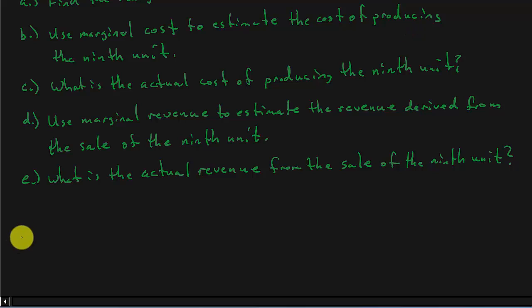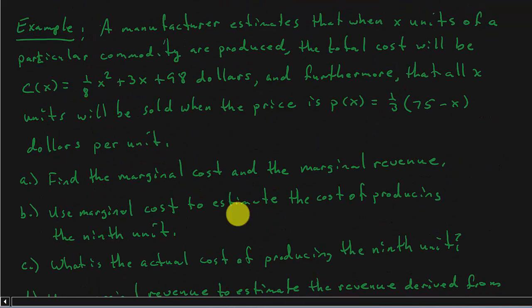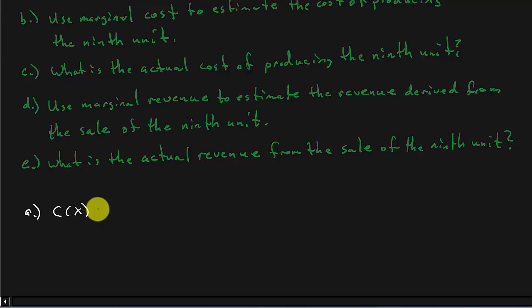All right, so for part A, let's write down our cost function. All I'm doing here is writing down this function: 1/8 X squared plus 3X plus 98.